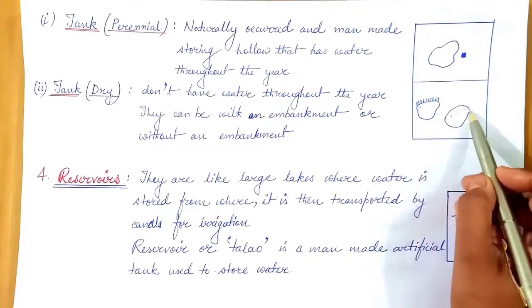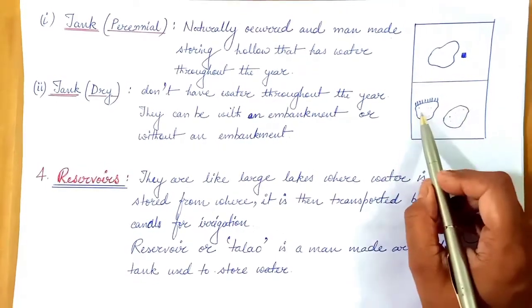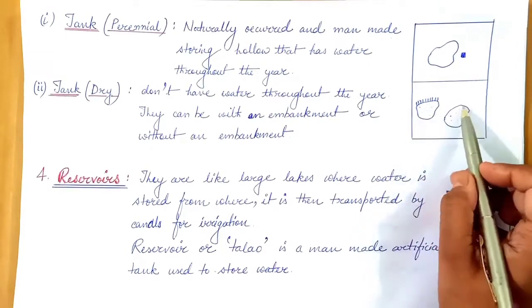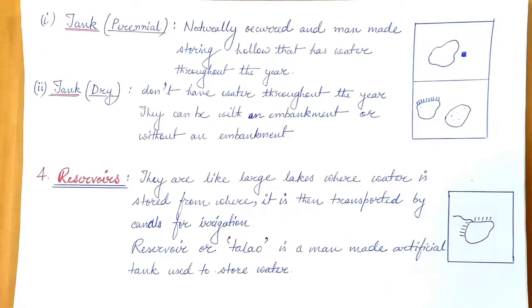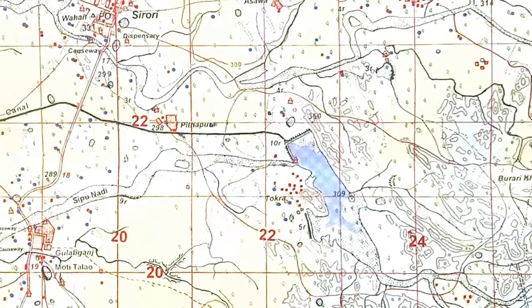Whereas in a dry tank without an embankment, we can see the dots. These dots indicate the sand or the base of the tank, and they also indicate that there is no water. So this is a dry tank.